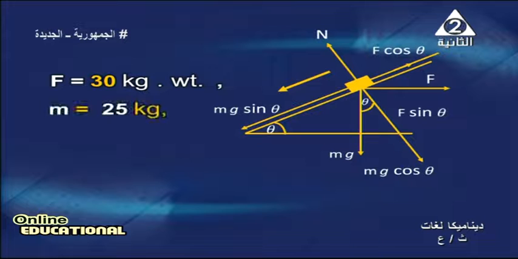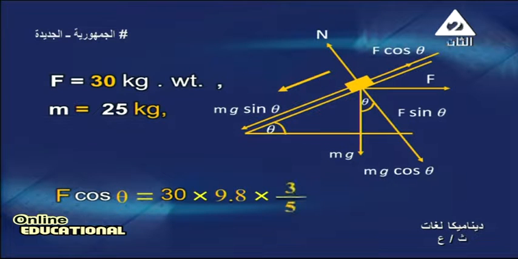Now we have a body of mass 25 and a force of magnitude 30 kilogram weight acts on it. Then F cosine theta is a component of the force F in the direction of the line of the greatest slope upward, equals 30 times 9.8 times cosine theta, which is 3/5, equals 176.4 Newton.